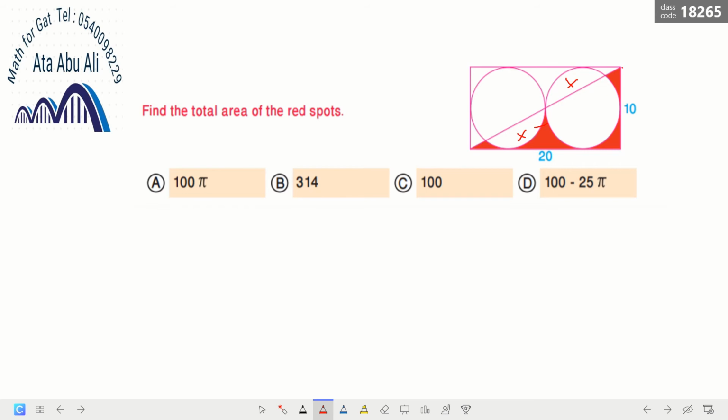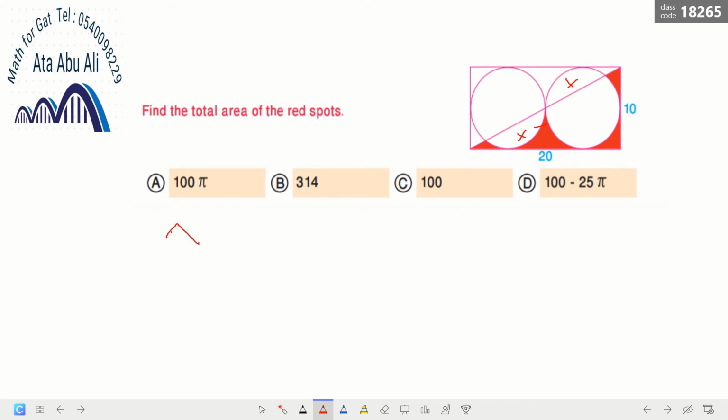So we have to find first the area of the whole triangle. Then I subtract the area of the circle. Then we have the red shade. Now let us do the area of the triangle.